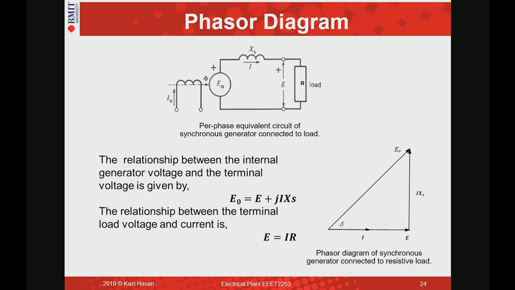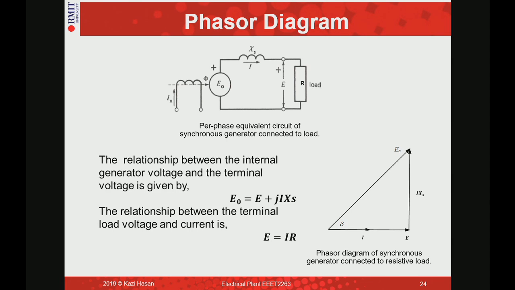Now what will be the direction of IXS? Because XS is pure inductance, that will give a 90-degree phase shift. So you draw your IXS perpendicular to this E. And from this equation, once you draw your E and you have your IXS, once you add them together, that gives you the total voltage E naught.